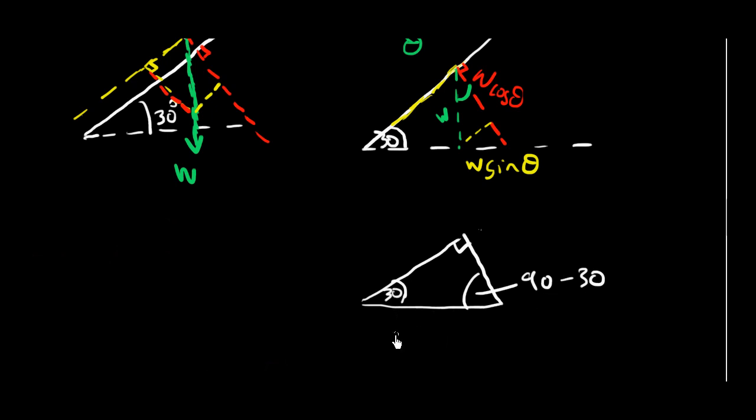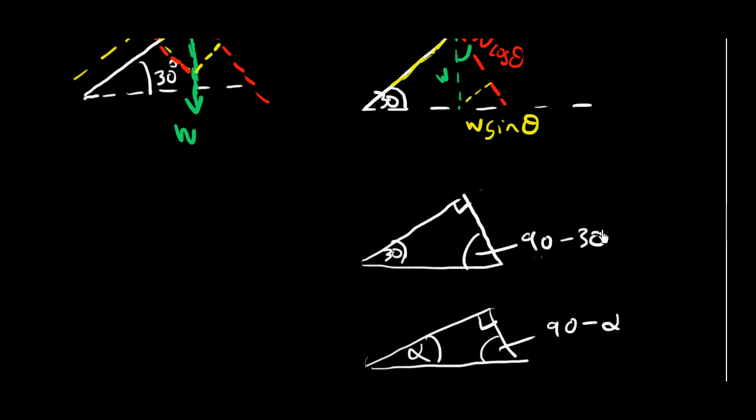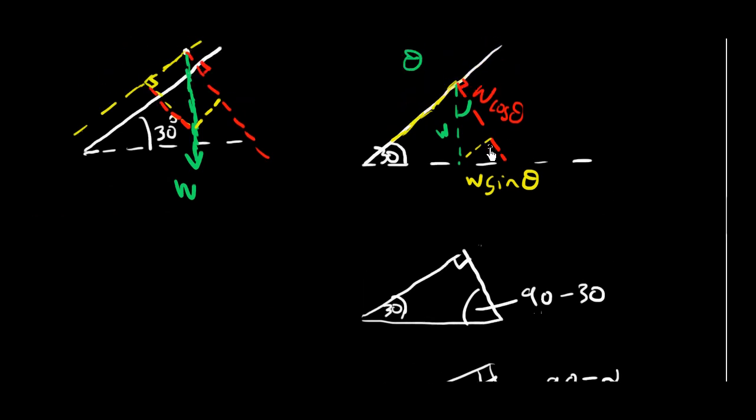So let's call this angle generally, instead of 30, let's call it alpha. Then let's call that angle alpha. Then if this is alpha, then this is 90 degrees, and this is 90 minus alpha. Then that means that this angle down here, that one, is 90 minus alpha, or 90 minus 30.